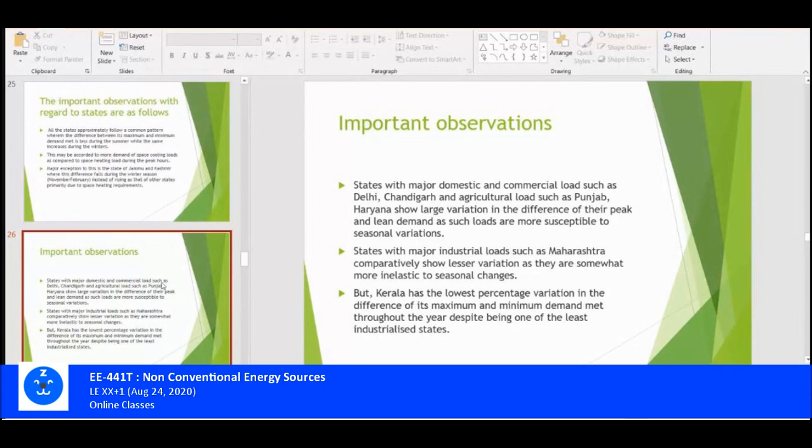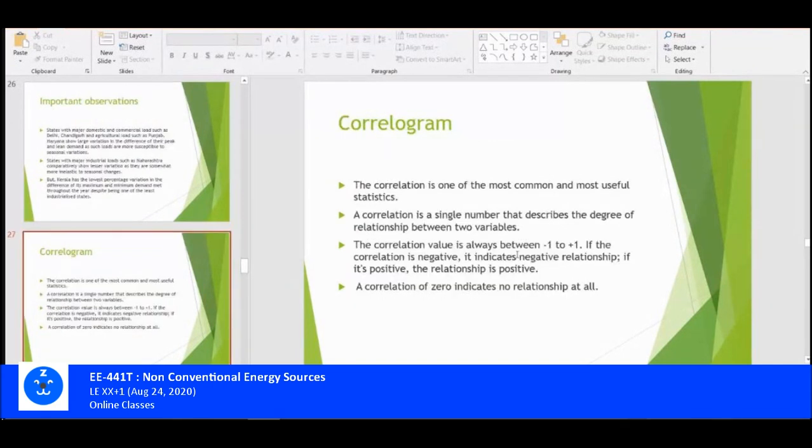So this is the reason that there is minimum variation. So such is the diversity of our country, and because of this diversity, our power system planners are getting sleepless nights.